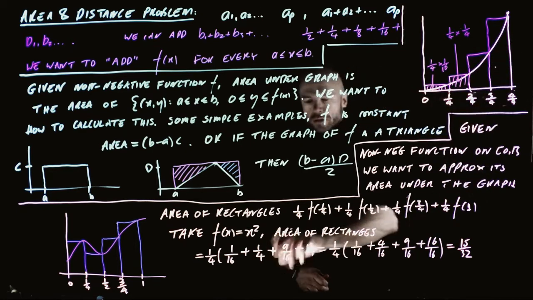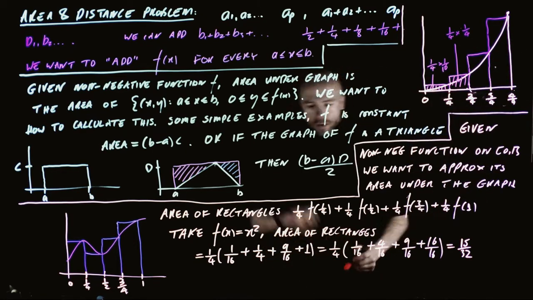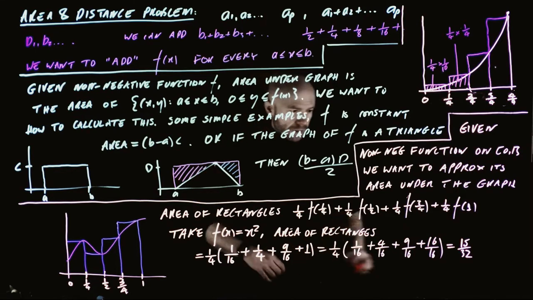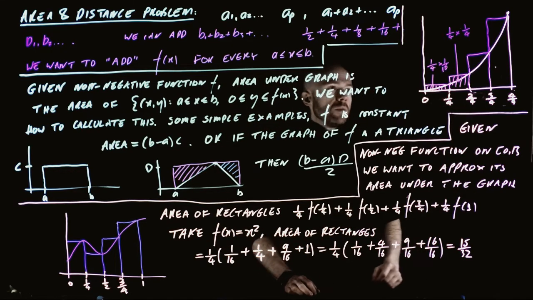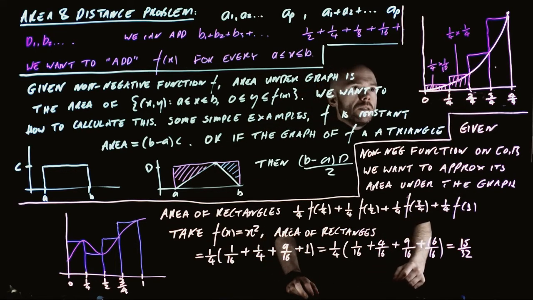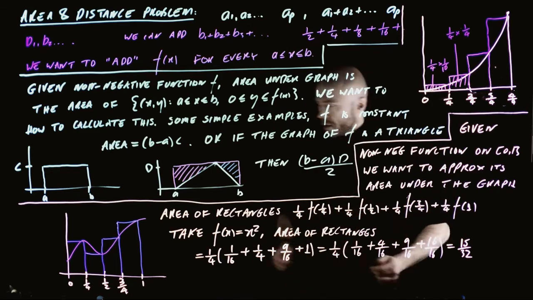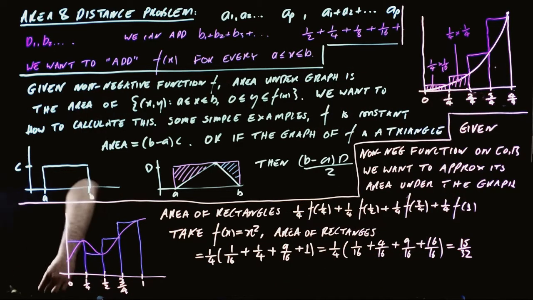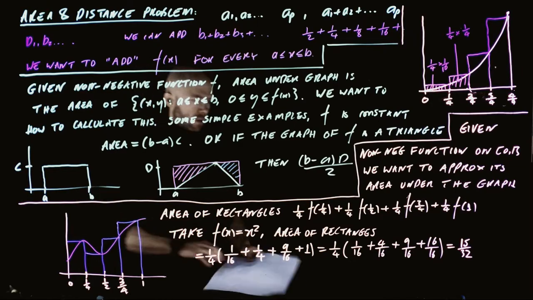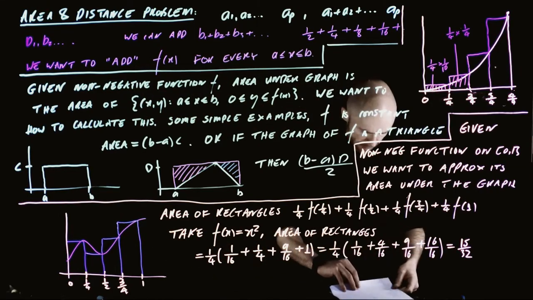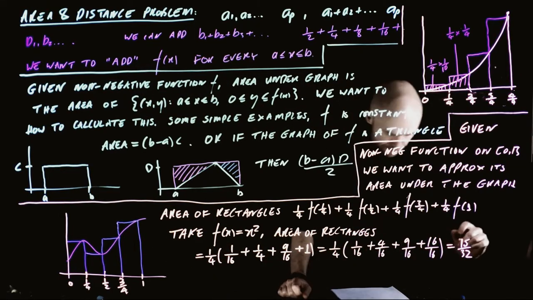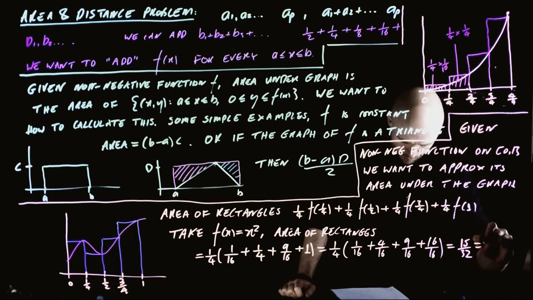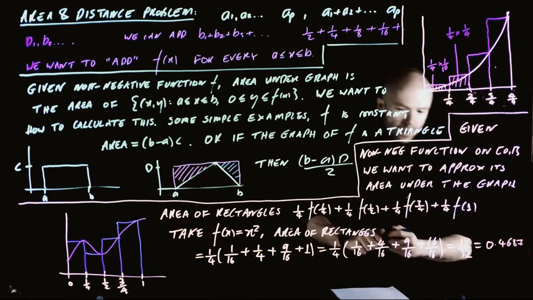Cool. And then these other two, just like this. All right, good. So that's an answer. As you can see, it's definitely an overestimate. But it's an answer, and I have the decimal expansion of this. This is 0.4687, okay?